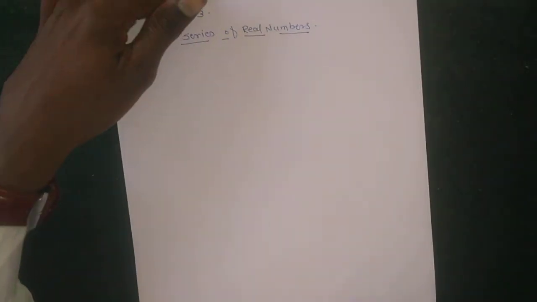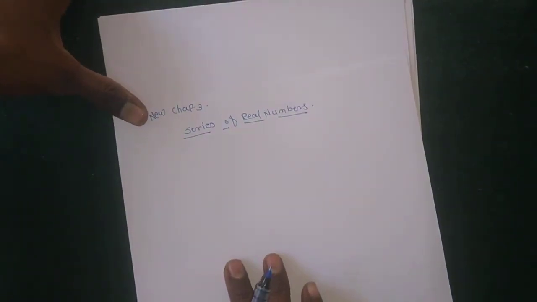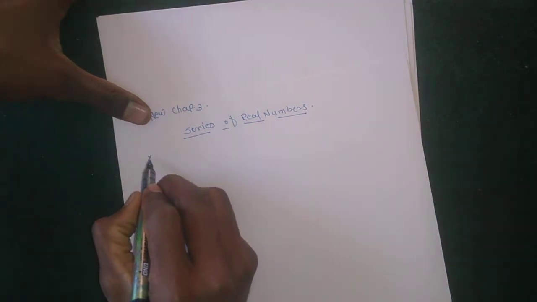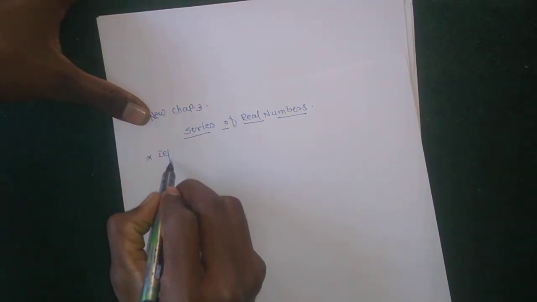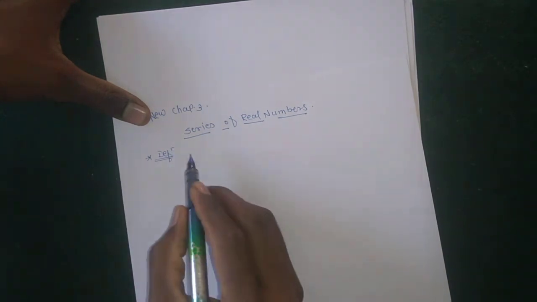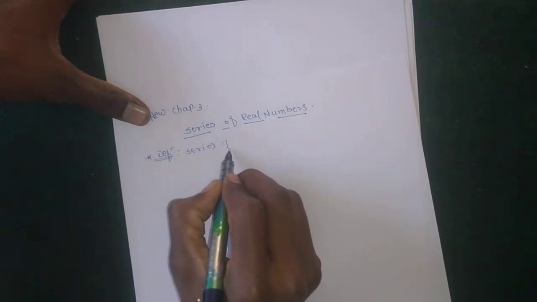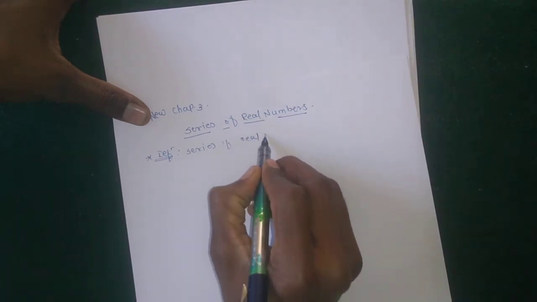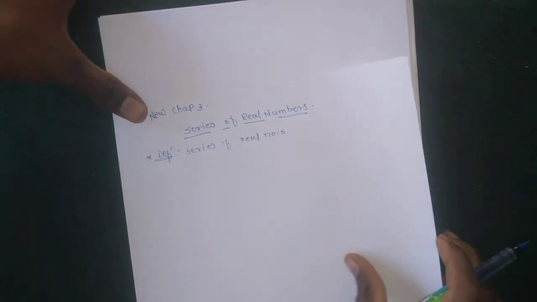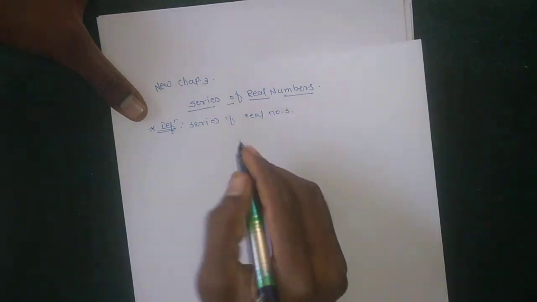Definition of series of real numbers: the infinite series.